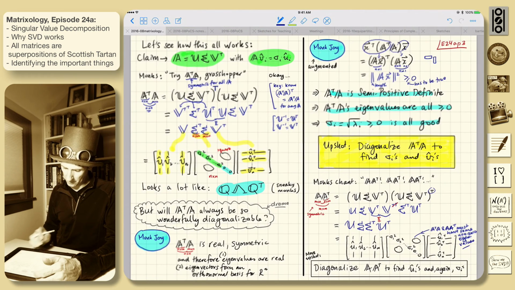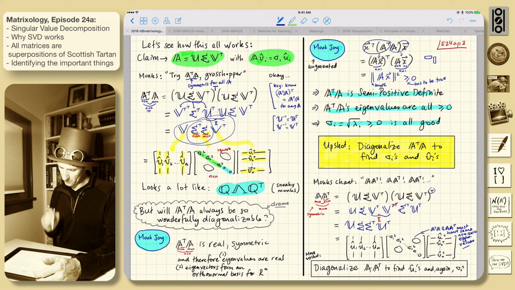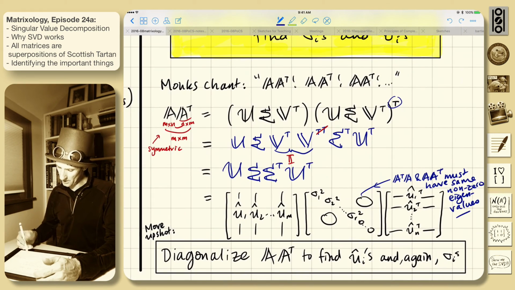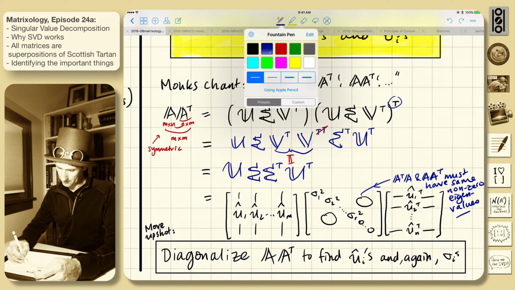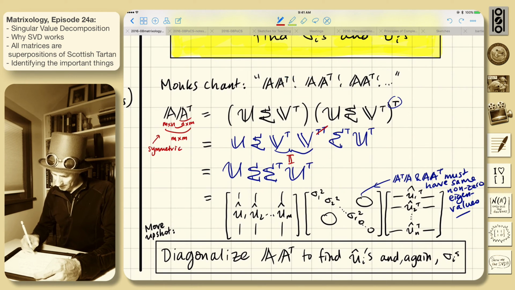So this looks a lot like what we got over here, except we've got U's, and instead of sigma transpose sigma, we've got sigma sigma transpose. That will still produce the same kind of thing, except now this is an M by M matrix.